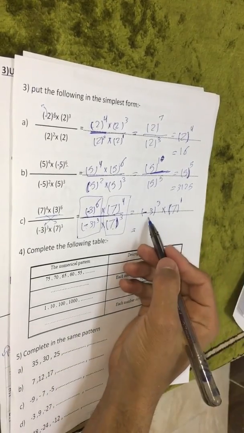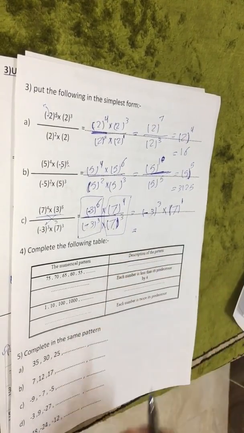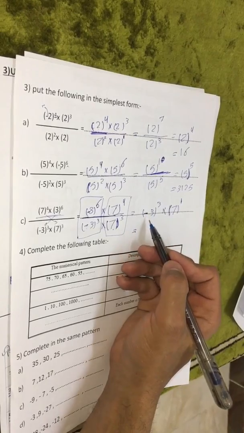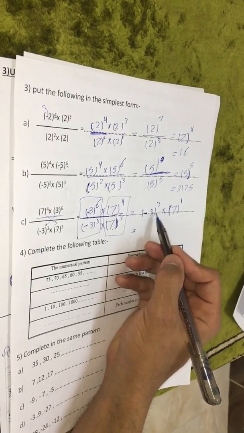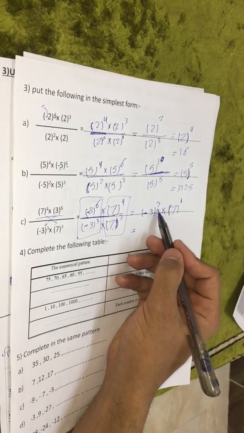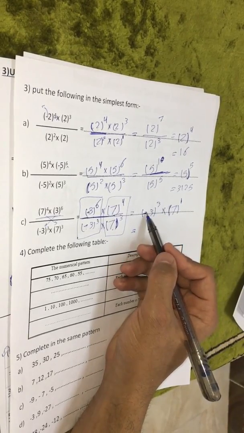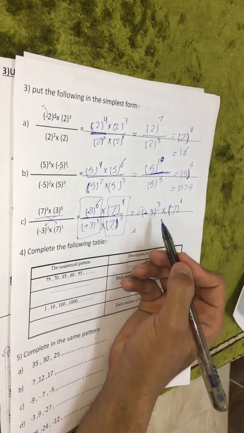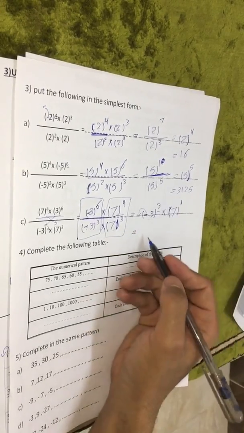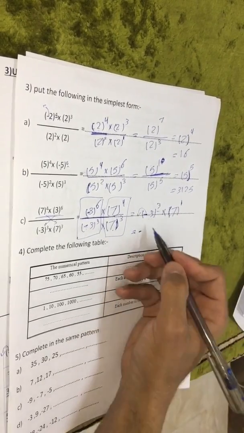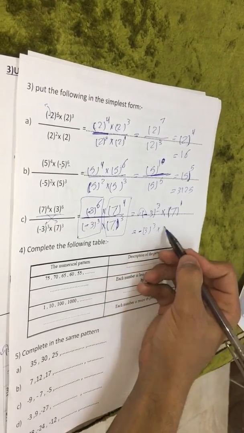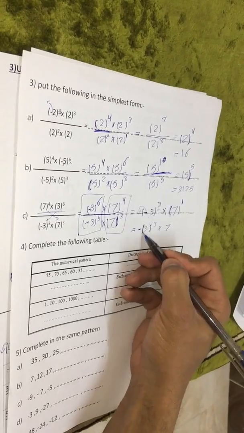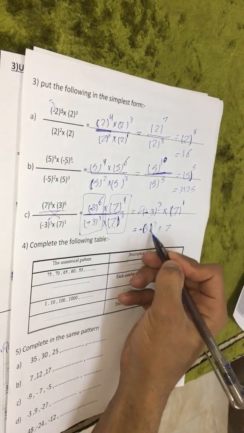You can simplify this number. What is the number in its simplest form? Yes, you have a negative here, down the bracket, down the power. What are you doing? We will take this number out. Why? Because we have an even power and an odd power. So that will be equal to 3 power 3 by 7.